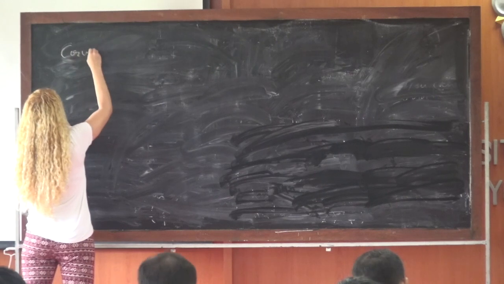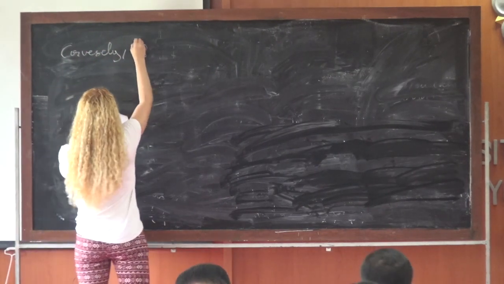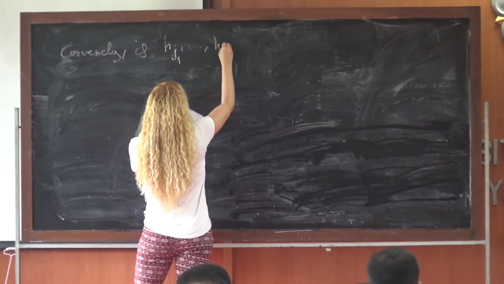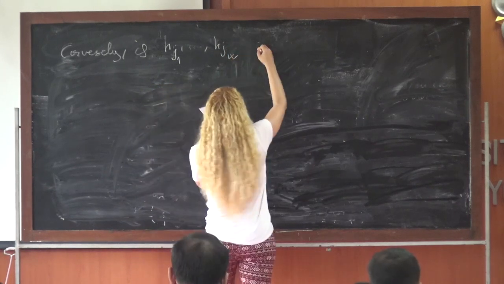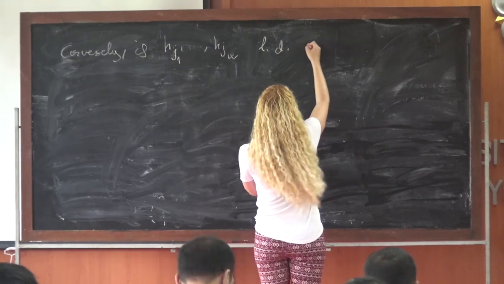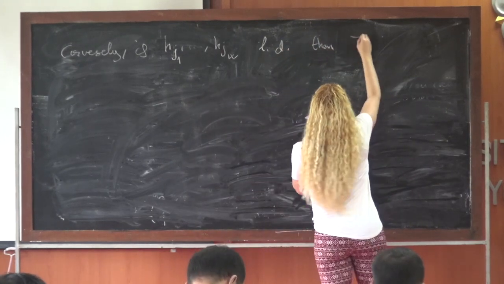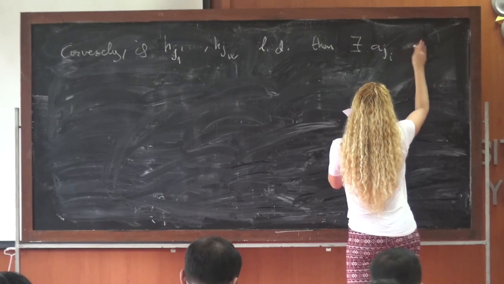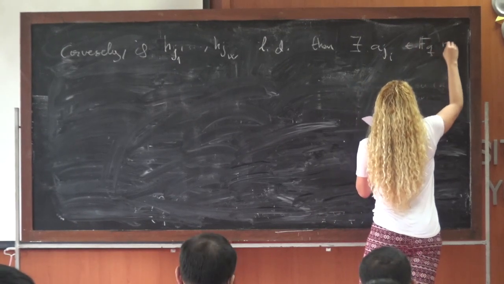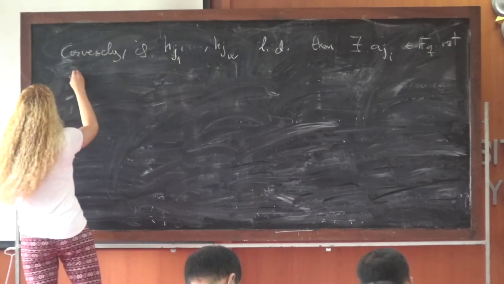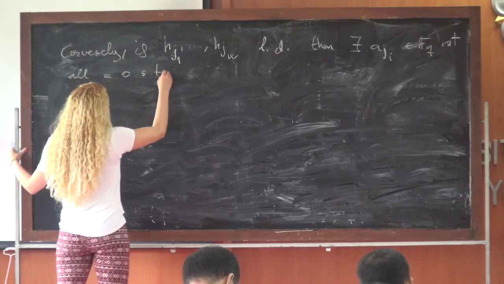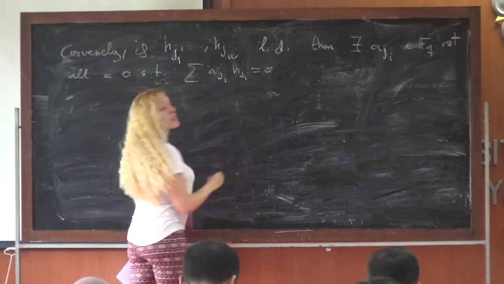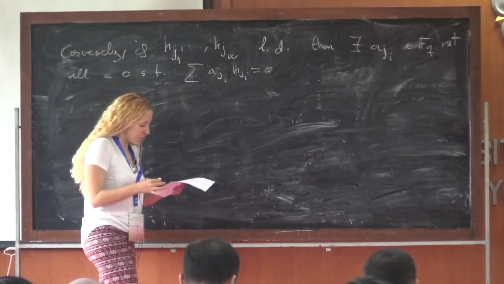So conversely, if you have Hg1, ..., Hgw linearly dependent, then there exist a_gi, in Fq, not all equal to 0, such that the sum is equal to 0, right? I mean, this is the definition of linearly dependent, okay?